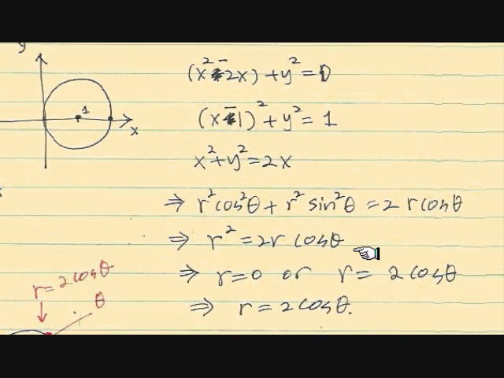Whenever we multiplicatively cancel this, we have to be careful about r being 0. So I wrote down that r can be 0, that's satisfied. Otherwise we can factor out that r, and we have r equals 2 cosine theta. As theta varies, this r is going to be 0 at some point, so that case is included here, so I'm just writing it like this.